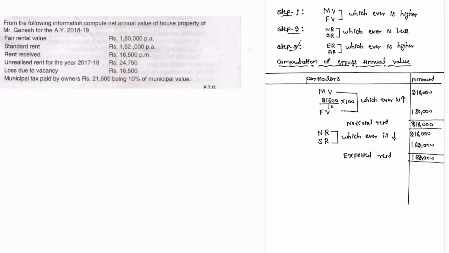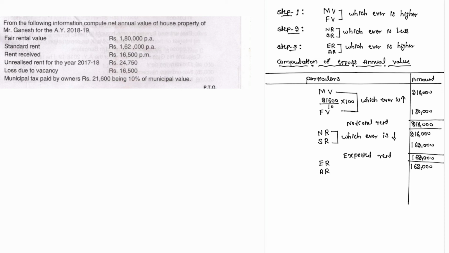Step number 3, expected rent or actual rent. Expected rent we know already, 1,62,000. Actual rent we have to identify. For that, the formula is annual rent minus unrealized rent. Annual rent we have to identify.